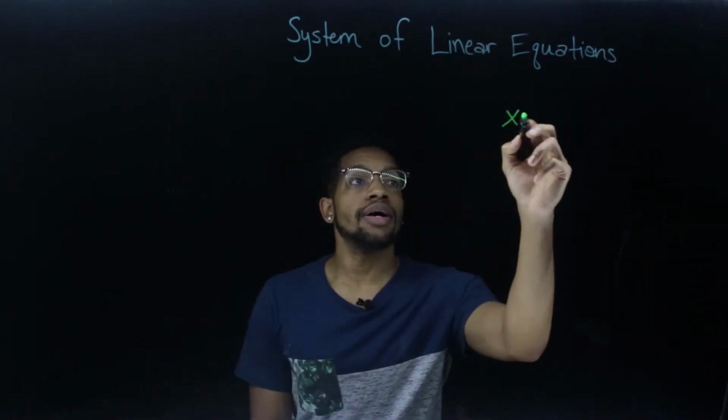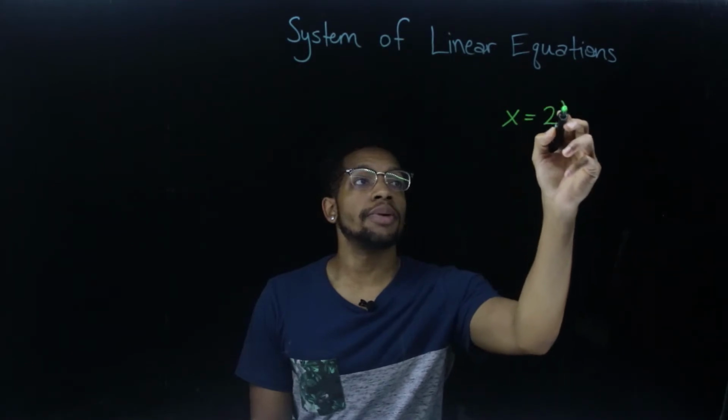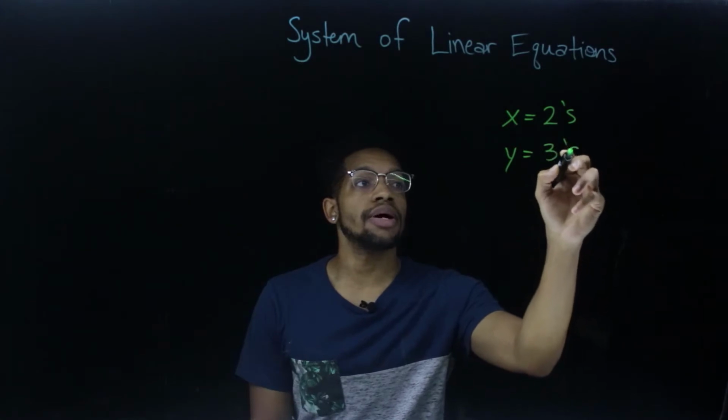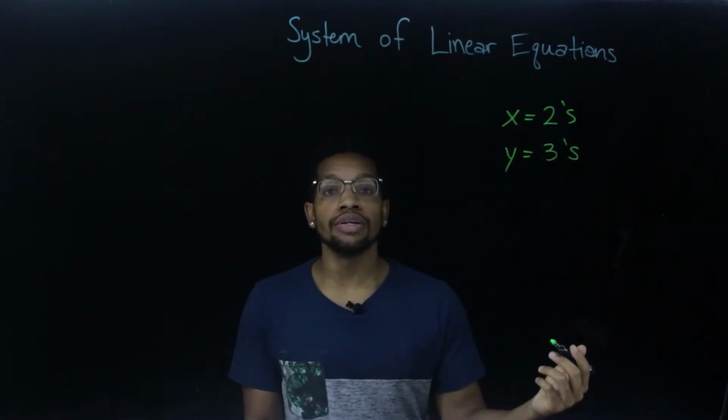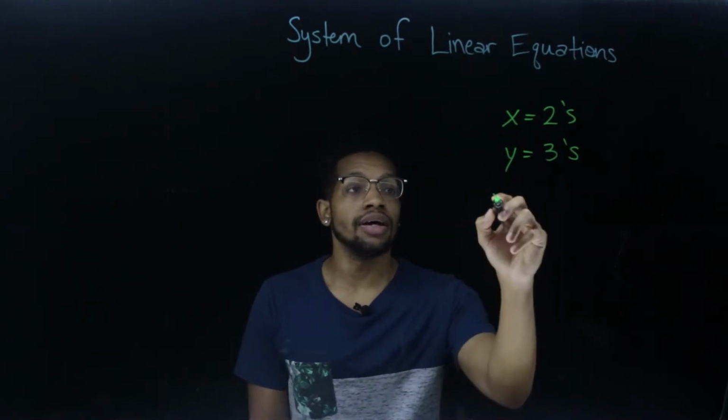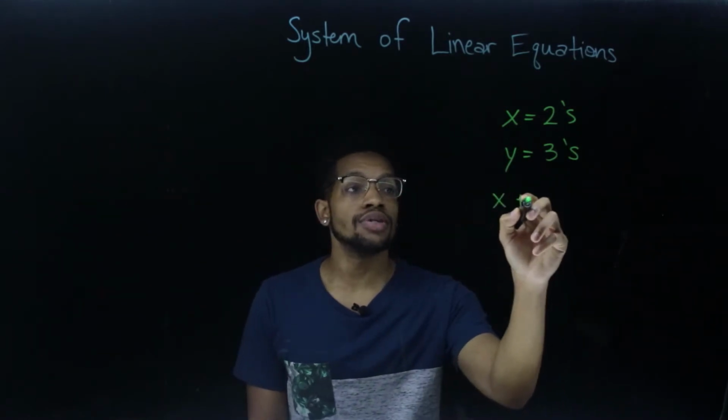So let's say we want X to be our number of 2-point baskets, and Y to represent the number of 3-point baskets. So one equation we could do is the number of baskets we made, which was 37, and that came from 2s and 3s.